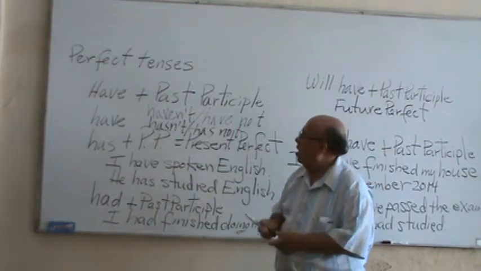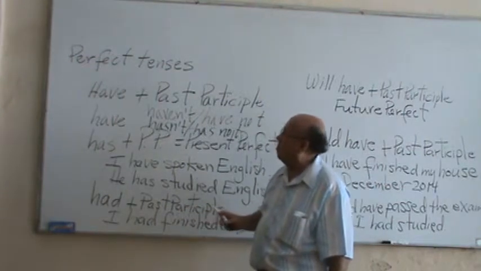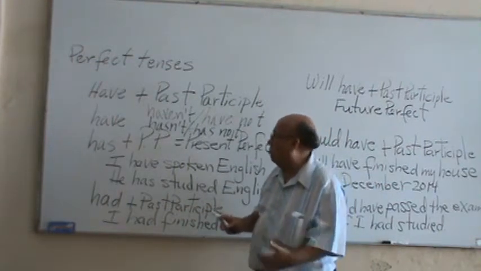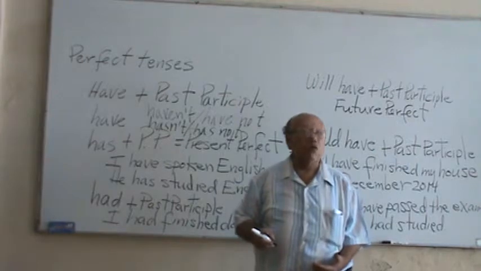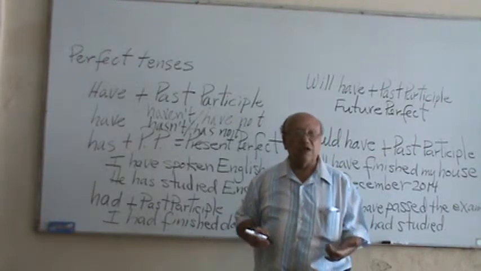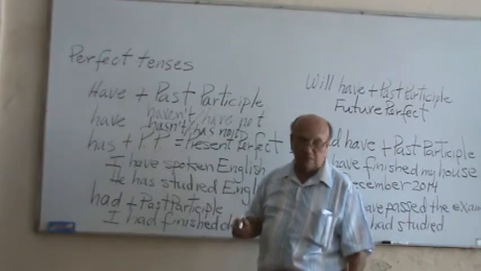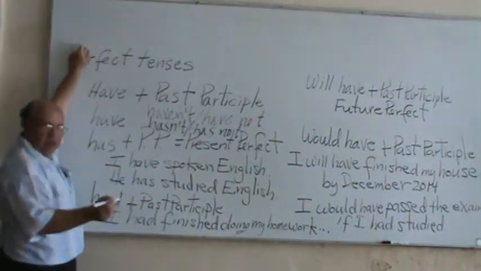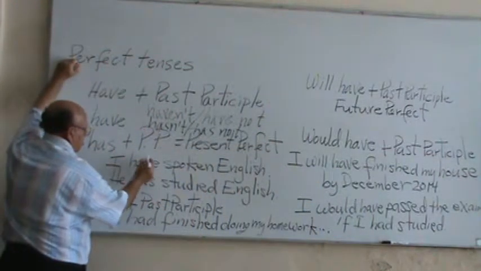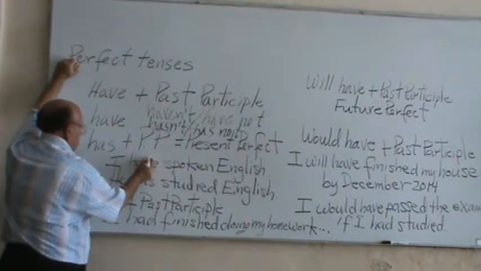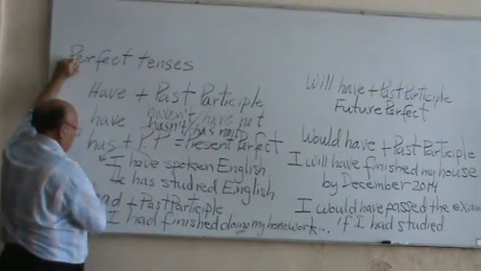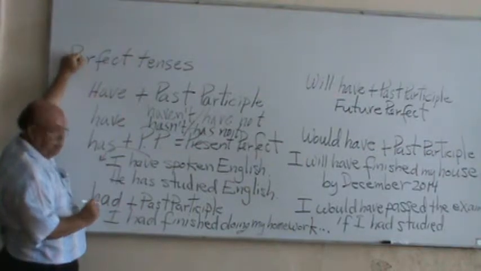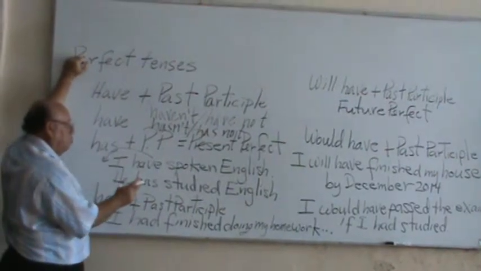So, let's talk about how we are going to make questions. If you want to make a question, this is very simple. You have to invert the auxiliary, which is have, and you are going to put it here. Example, have I spoken English?